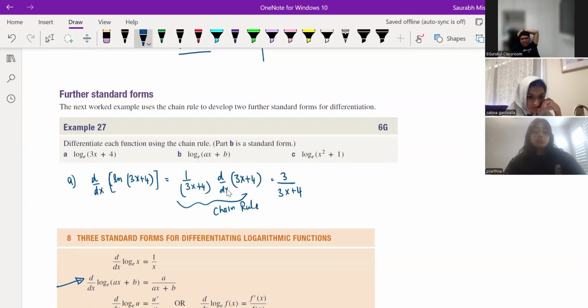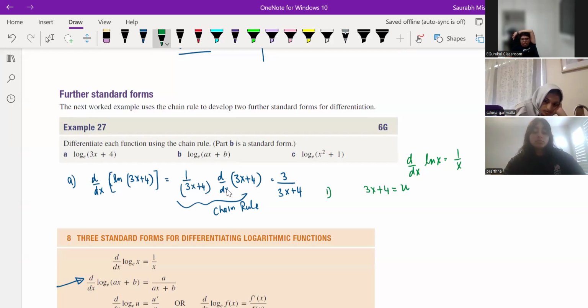Standard method is, I'll explain also the standard method here. Generally, when you only know d/dx of ln x, that is 1 by x. So what you need to do, you need to assume that u is 3x plus 4. This is a standard method up to extension 2 for integration and differentiation.